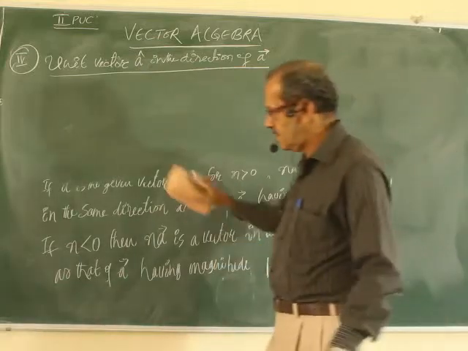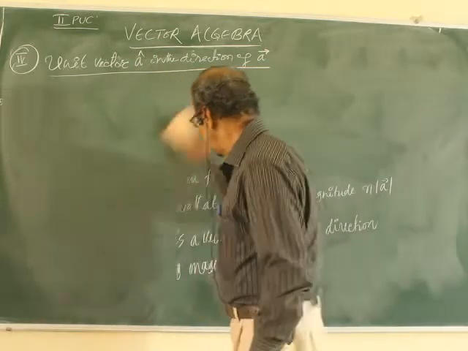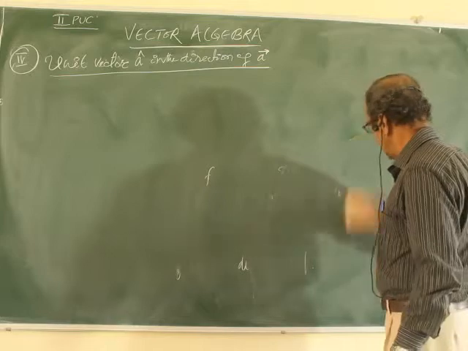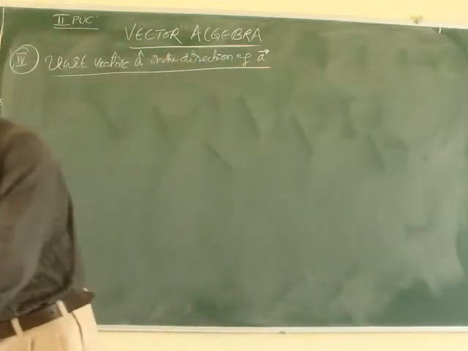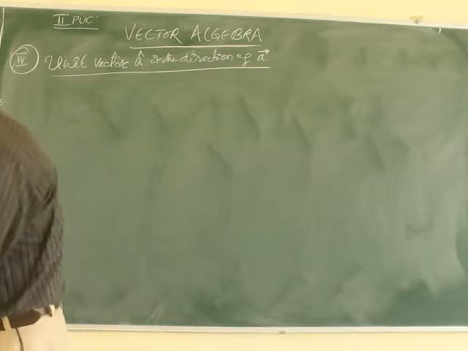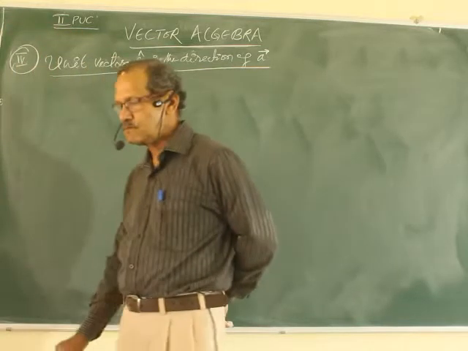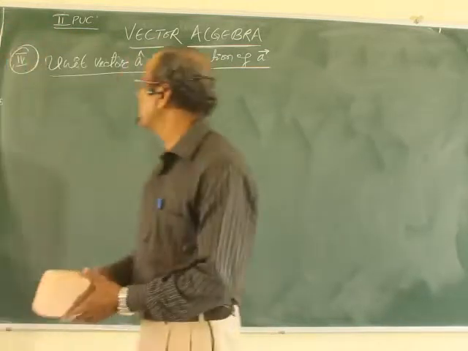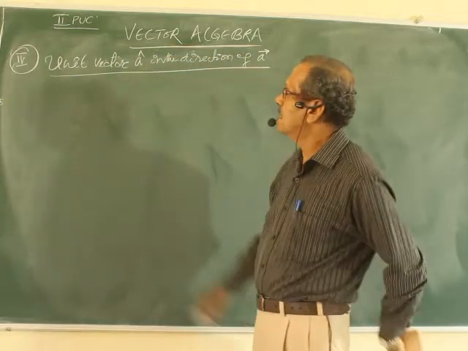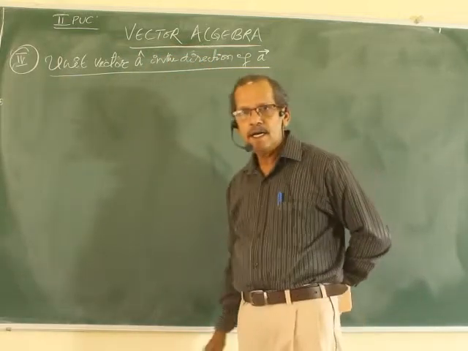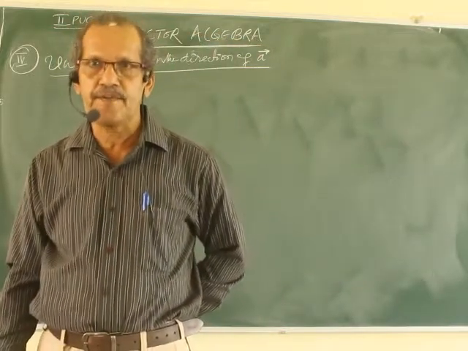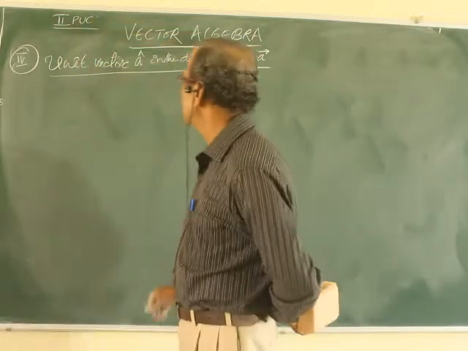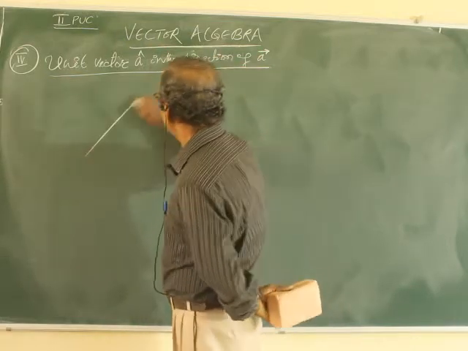Very important point to be noted. Given the vector A, how to find the unit vector in that direction? Already we came across this in the types of vectors. There I have given about this unit vector in the direction.